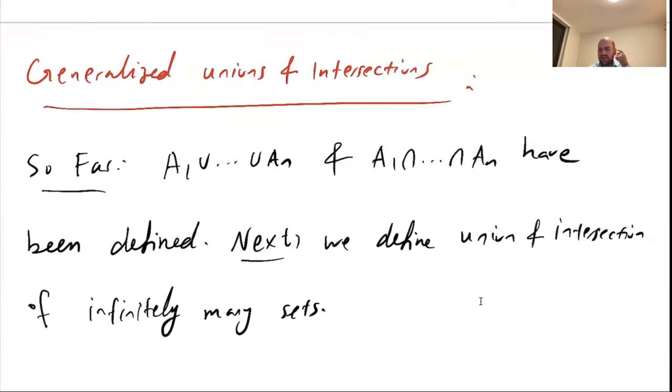Union means the set of all elements X, where X appears in at least one of the sets. And for intersection, the set of all elements X, where X appears in all the sets, AIs. But what should we do for the union or intersection of infinitely many sets?